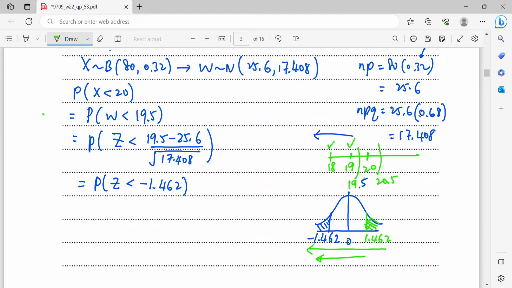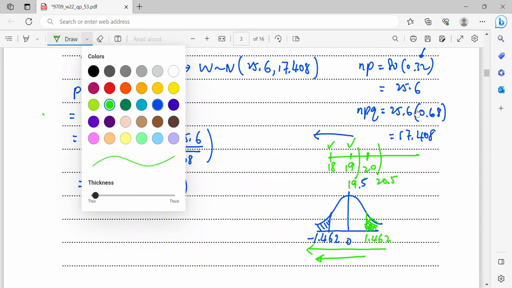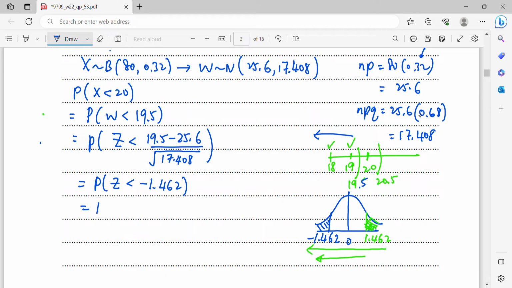That will be the green region that we need to count, which is also the blue region. So here it becomes 1 minus P(Z less than 1.462). And now you get the value from the table. P(Z less than 1.462) is basically 0.9283. So at last, you will be getting 0.0717. So that is the solution for question 2.